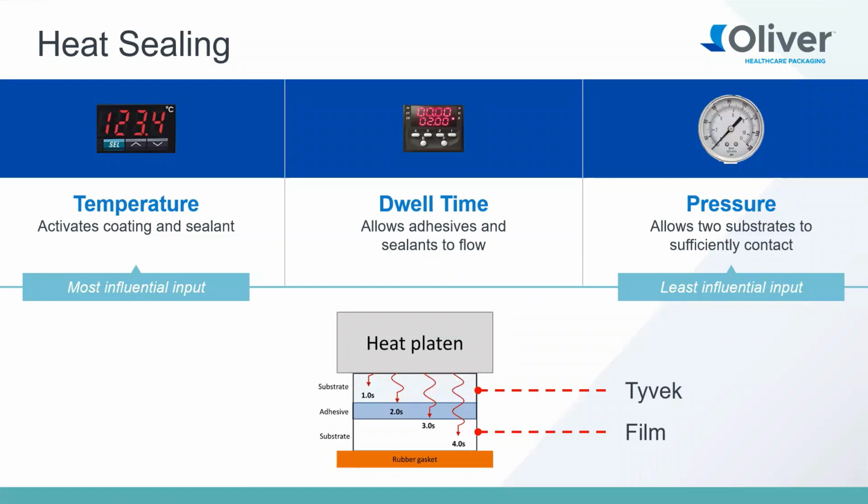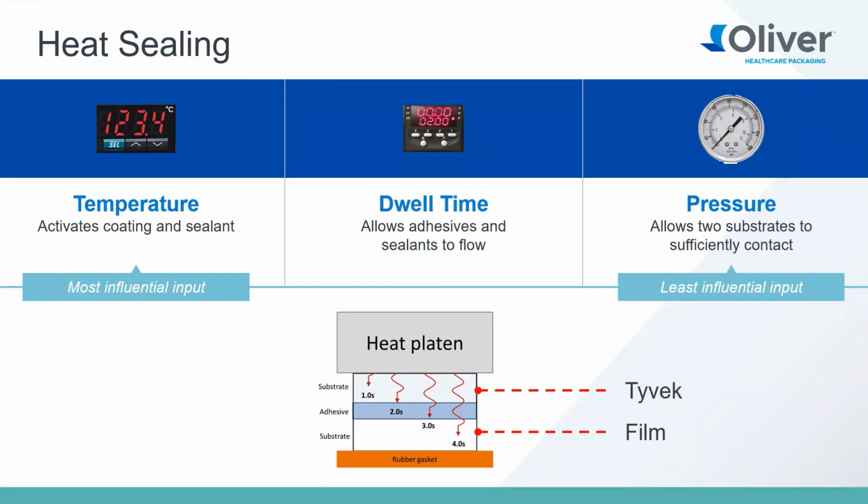So if you're doing a design of experiment, as the slide indicates, temperature is typically, and we're speaking generally, going to be your most influential input. So remember that when you're doing a design of experiment. And pressure is typically your least influential input, but you also have to be careful with pressure, because it can cause some risks that we'll talk about later.